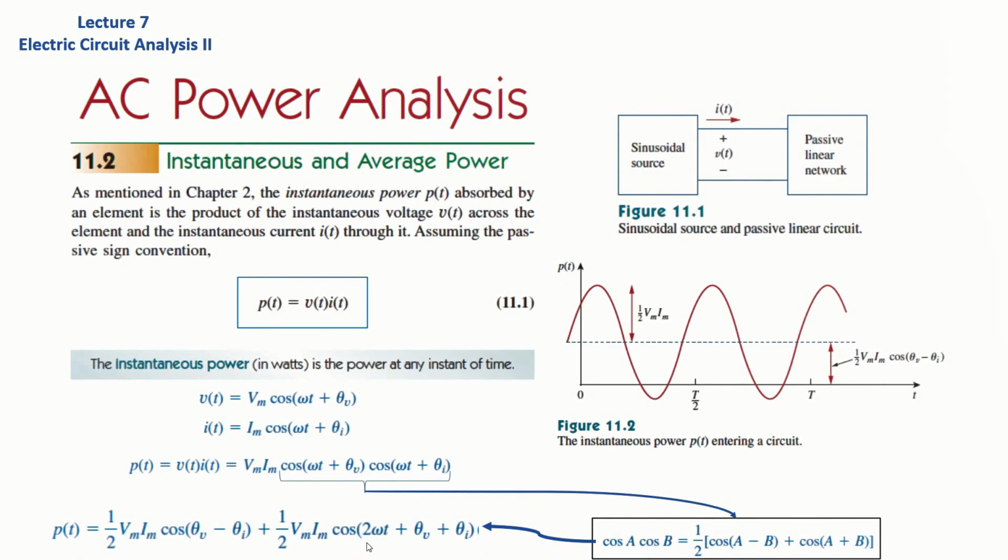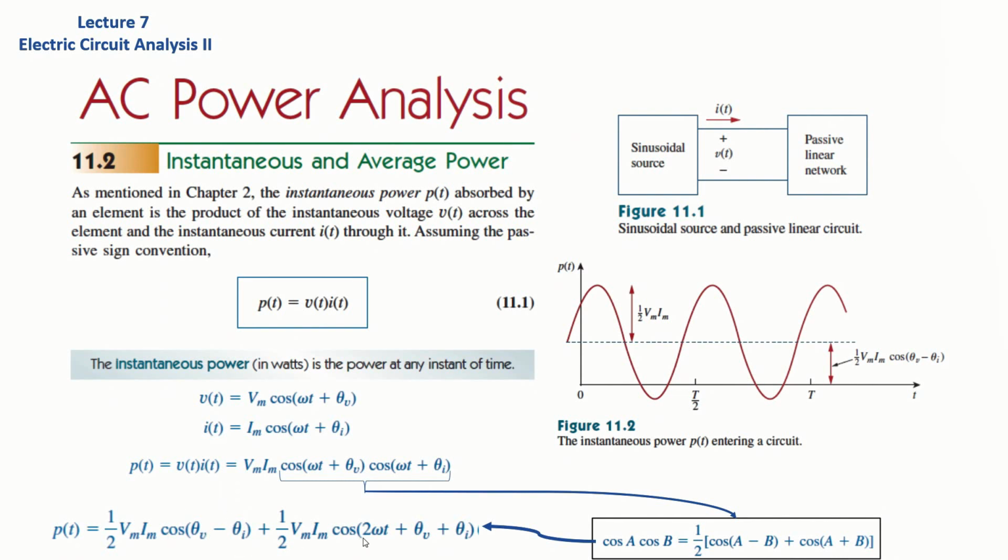As you can see, this can be seen as a DC or constant part of the instantaneous power, which is not oscillating. Instead, it is a number, because cos(theta V minus theta I) is a constant.